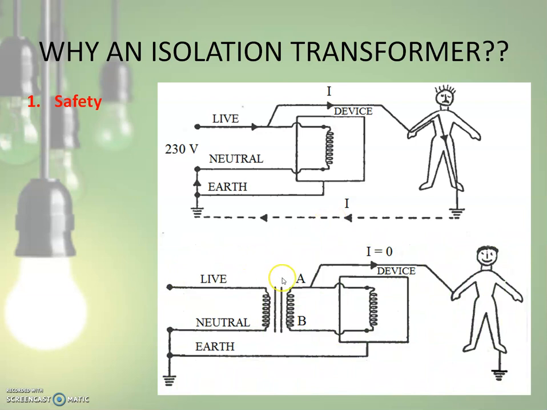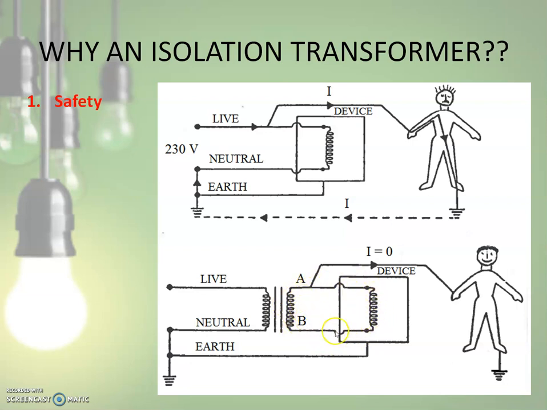And what happens if we are using an isolation transformer? The supply is not directly connected to the device, but it is connected through an isolation transformer, and the secondary of the isolation transformer where the device is connected is not grounded. So the secondary circuit is complete like this.